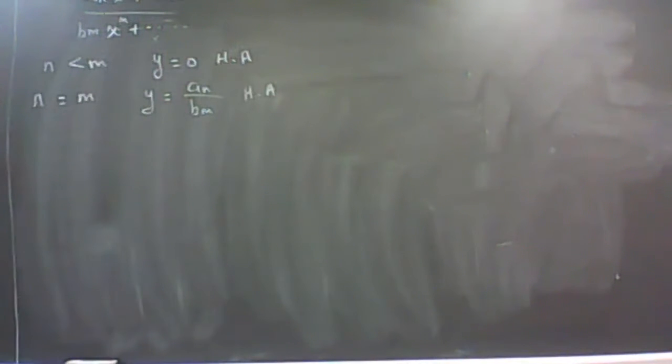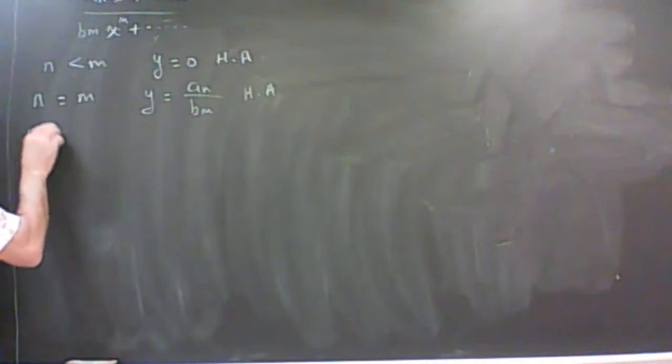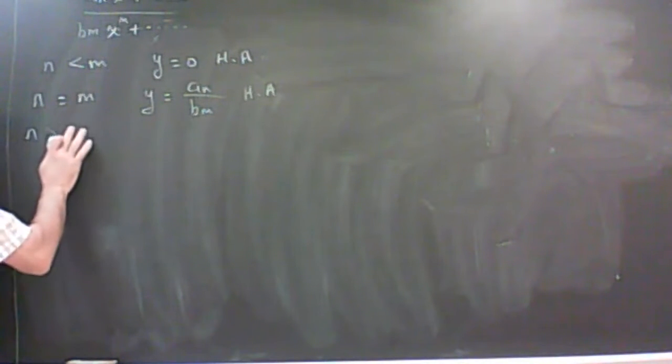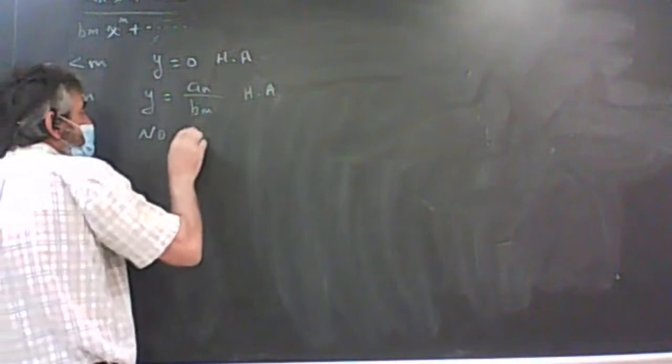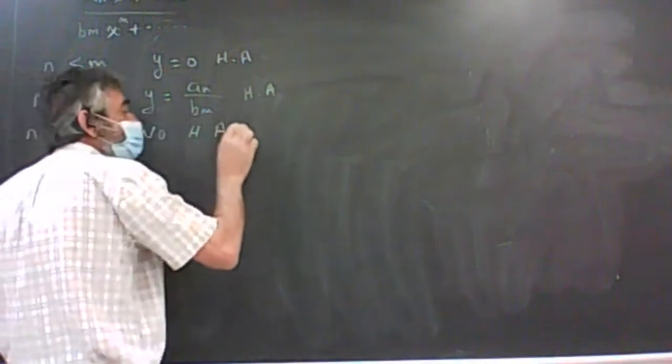Yeah? We also said if n is greater than m, no horizontal asymptote.